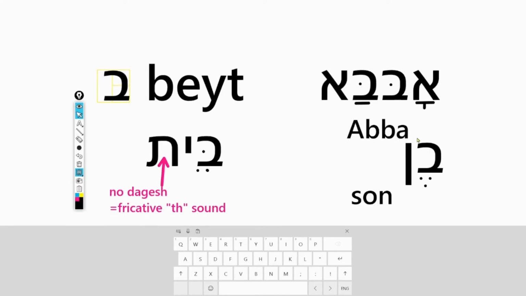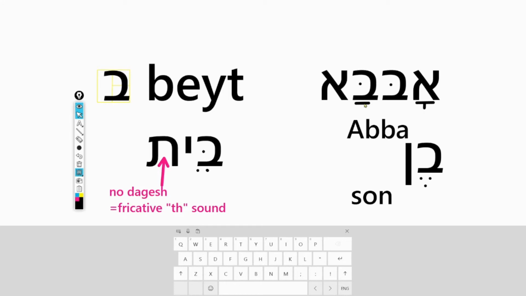Okay, now we have the word Abba. It's an Aleph with a patak, so it's an A sound. Kamatz, because it's got a cap. And then we have the B sound because it is not the fricative, it has a plosive sound. And then the following Beyt also has the plosive sound. So Ab, Ba.